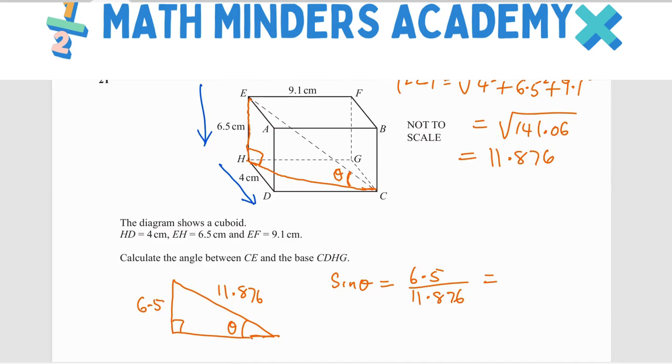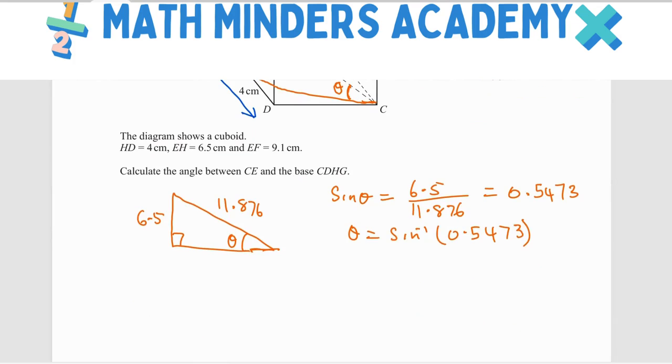And that gives us 0.5473. So the value of theta will be the arc sine of 0.5473. That is going to give us 33.181, and so on.